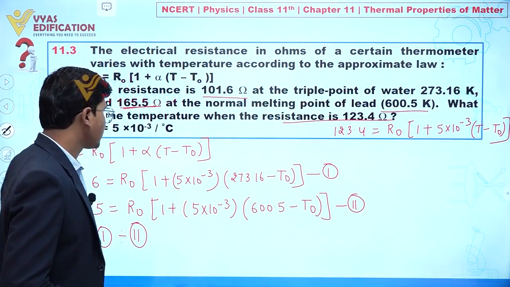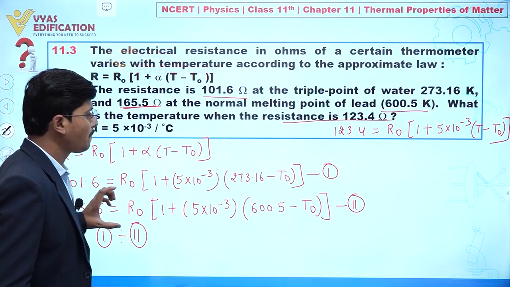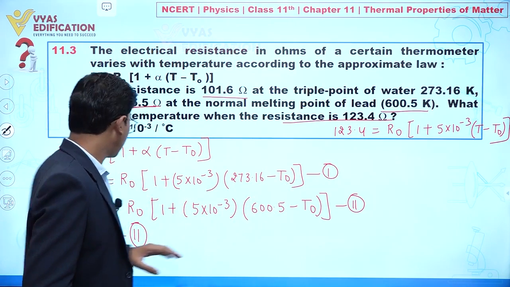So if we consider these two equations, definitely first I will divide 1 by 2.